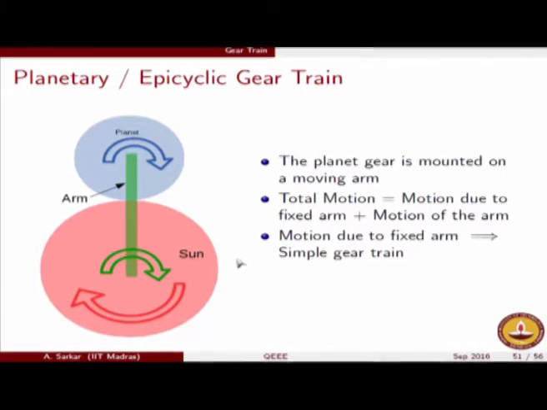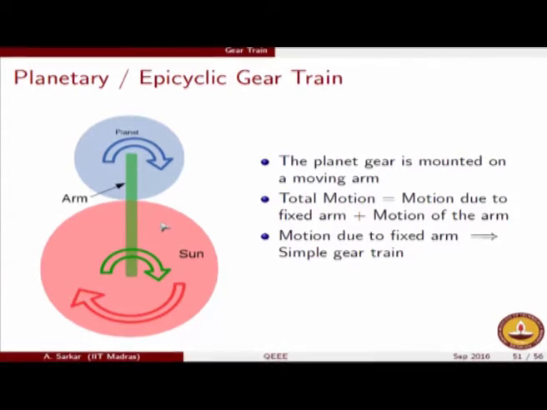The division of our work is as follows. We will first analyze the situation where the arm is considered to be fixed, do the analysis and find out all the motions. In the next step, we will see what happens when everything is locked with the arm and every object has motion identical to that of the arm.